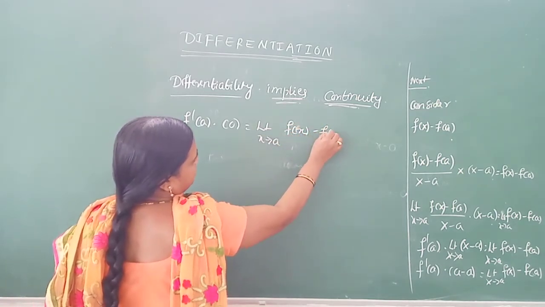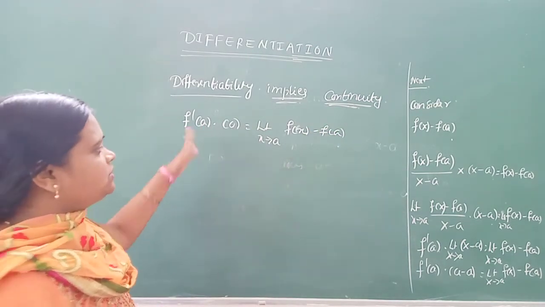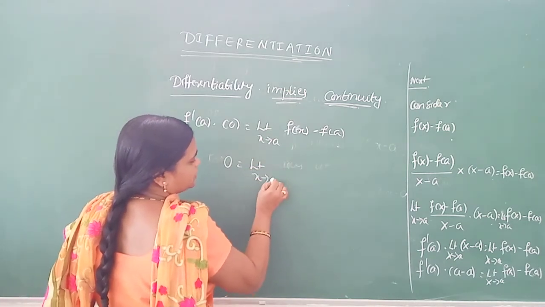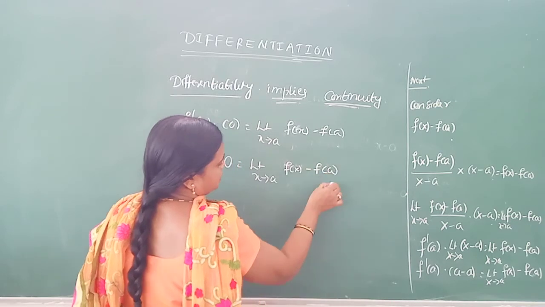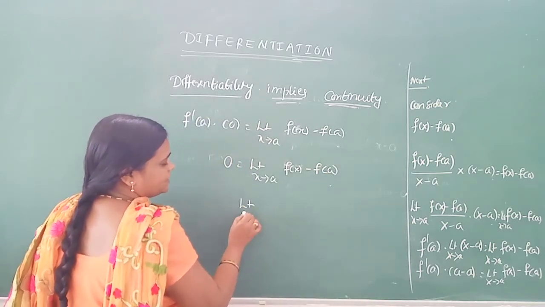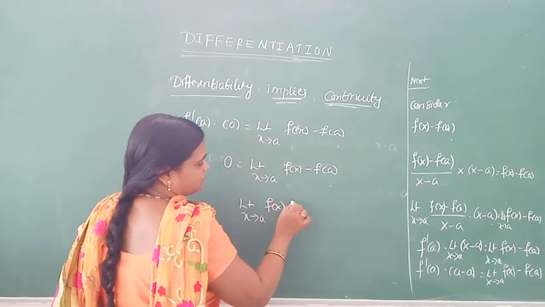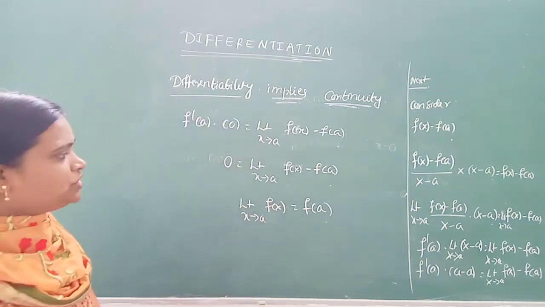minus f of a. f dash of a into 0 is 0, which is limit as x tends to a, f of x minus f of a. Or else we can rewrite limit as x tends to a, f of x minus f of a. Okay, we get this plus f of a. Did you understand?